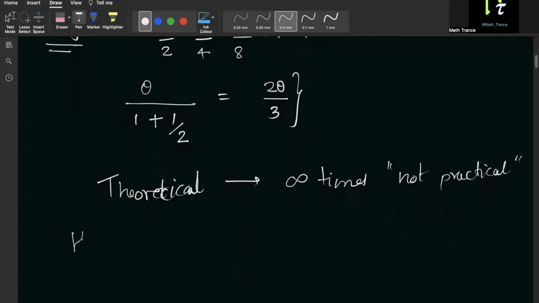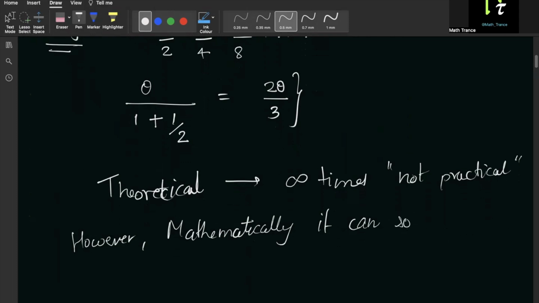However, mathematically, it can be solved. So the problem of trisection of any angle can be solved, right?